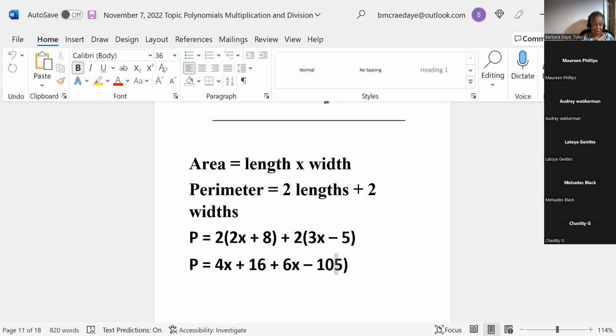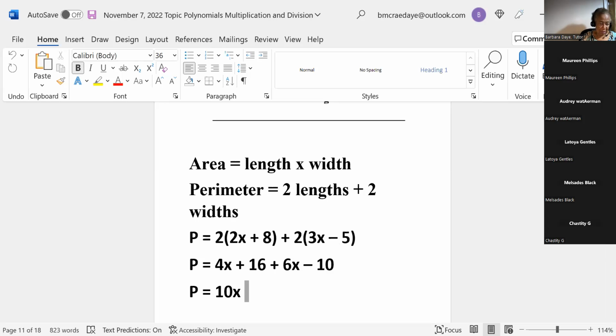Okay. So now you got everything. Now combine those like terms. That means you can combine your x's and combine your constants. Divide, then multiply by 5, Miss? No, you got to combine these first. So what do you get when you combine those, Mercedes? 10x. That's right. That's your x's.